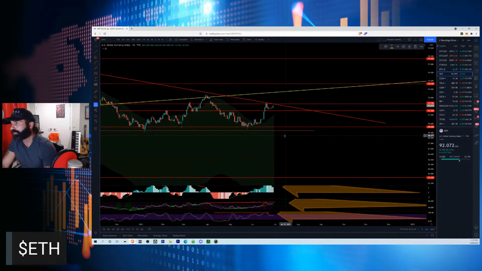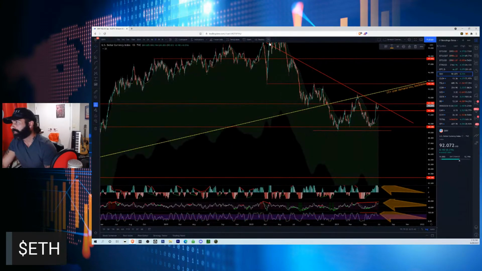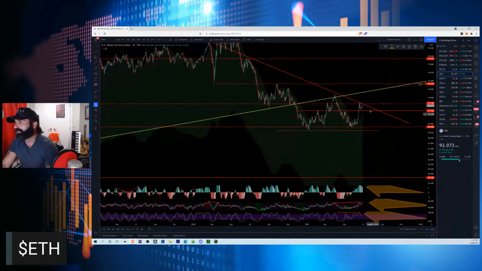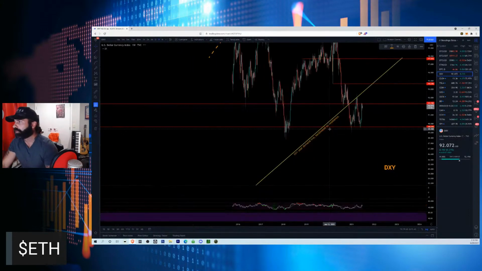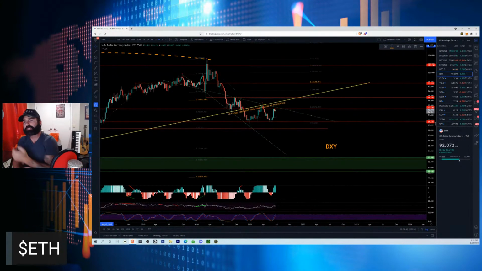If we zoom out, we've got the horizontal resistance, we've got this diagonal resistance, and you've also got this diagonal resistance coming down from a different direction. So if the DXY can't get above this, you're going to start going down even further than we're at right now. And that makes sense with the general climate, with inflation talks.